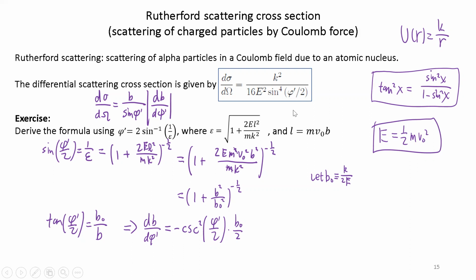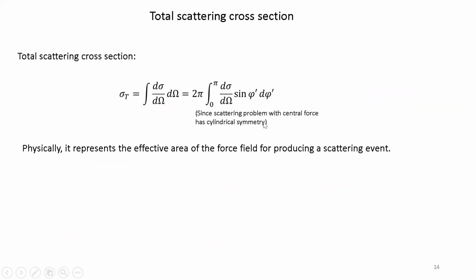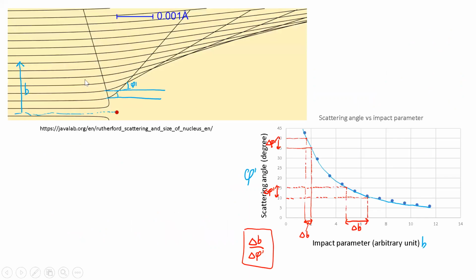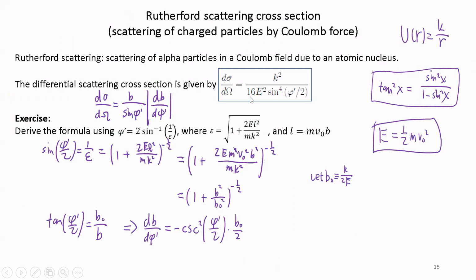And it is inversely proportional to that. Can we make sense of that? Again, just look at this picture over here. Larger E means that the particle comes in really fast. If it comes in really fast, it bends less. So that's why it would be inversely proportional to E squared.